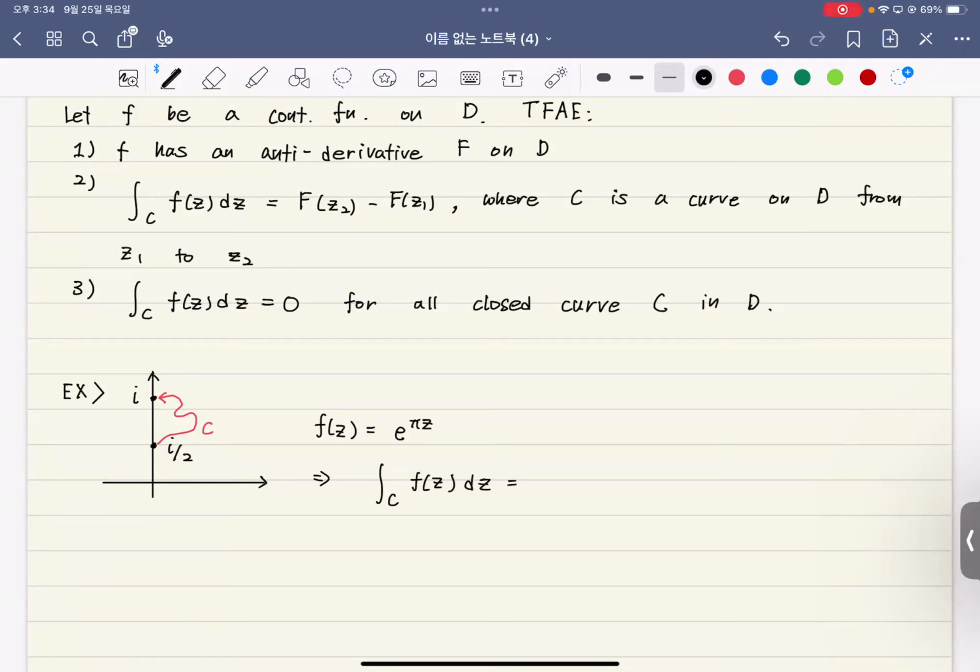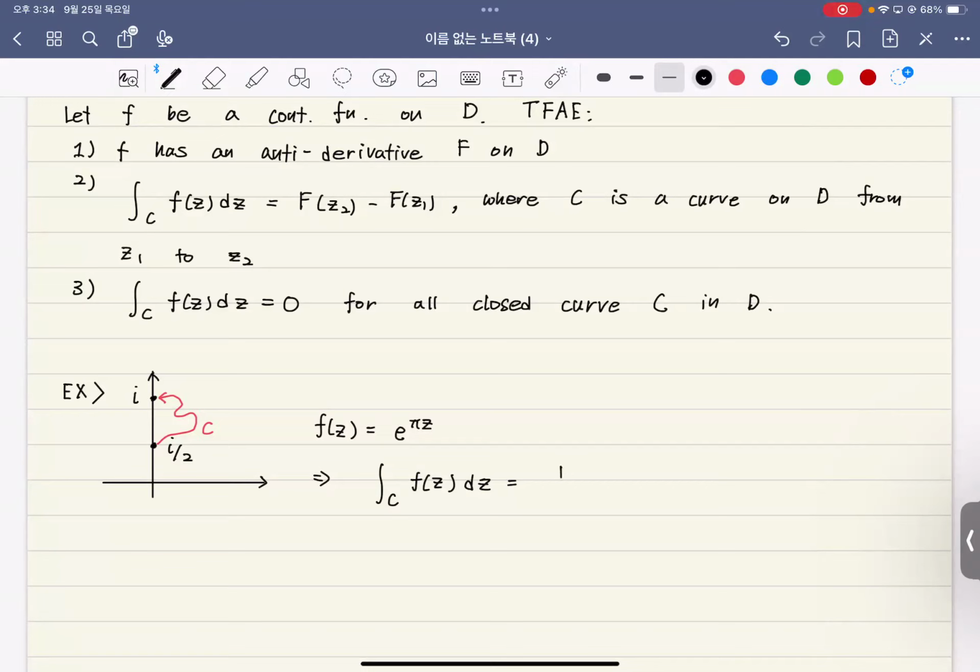Okay, so obviously the exponential function is an entire function. I mean, this function is analytic in the entire complex plane. So it suffices to find the antiderivative of the function. What is obviously the antiderivative is 1 over pi times e to the pi z, right?